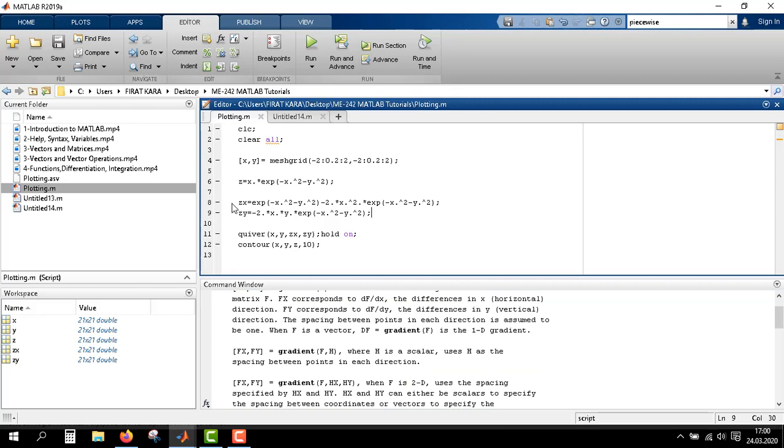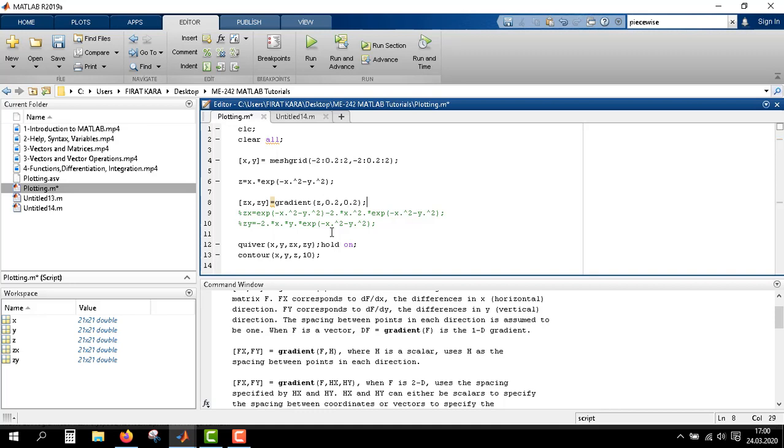So let's close this, and instead of these, let's write zx and zy equals the gradient of function z with 0.2 magnitude vectors.